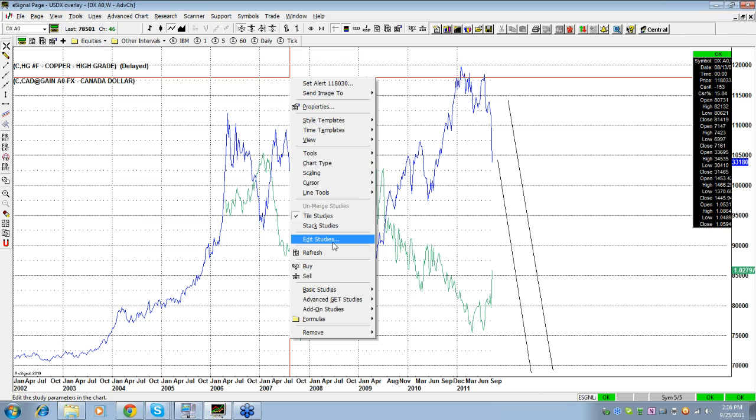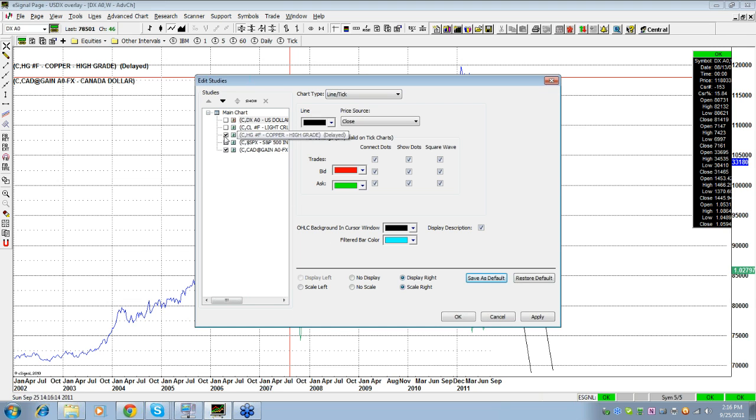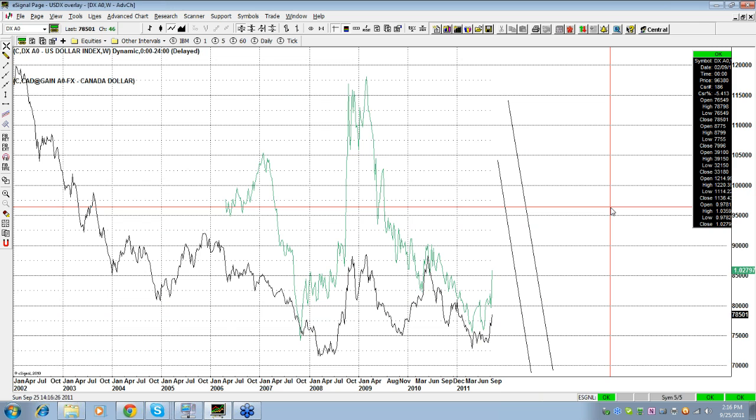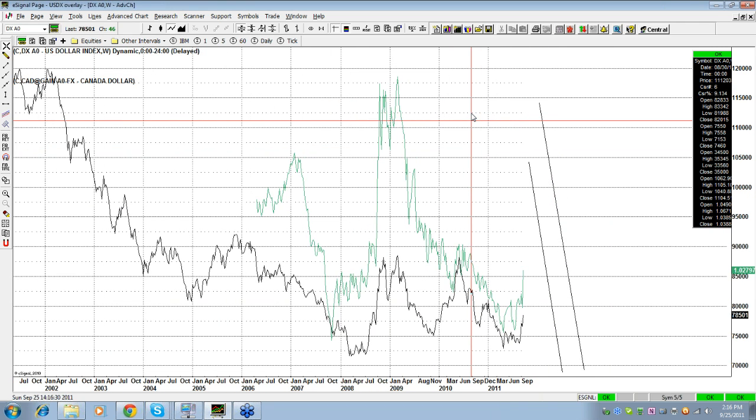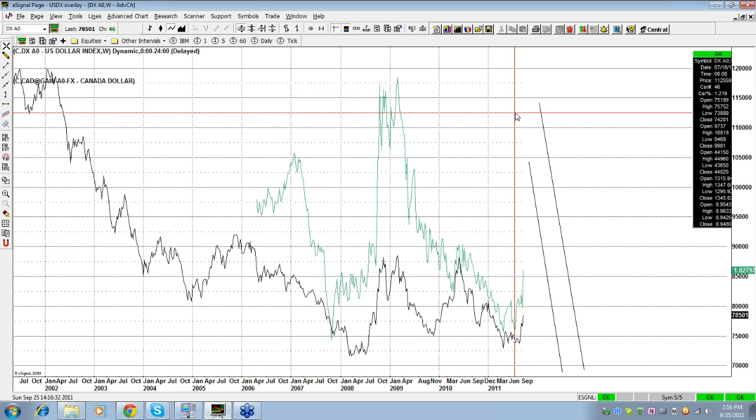Then, if we take the CAD, we take copper and we put the dollar, what is the dollar with the CAD, like we always say? They are well correlated.